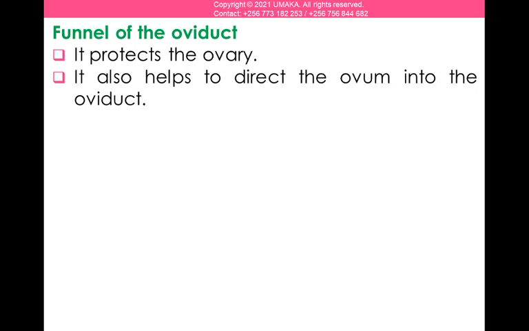When the ovaries produce mature ova, those ova are directed to the oviduct by the help of this part called funnel of the oviduct, which you can also call oviduct funnel.